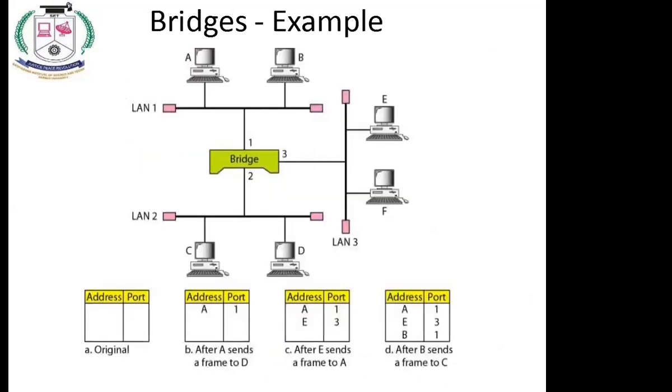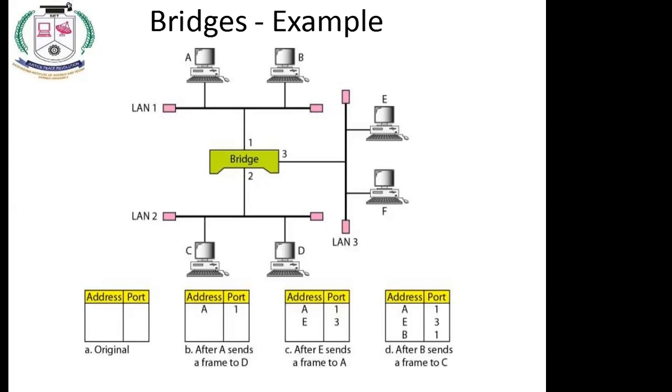But with the bridge also, this example, I think last class I told you about this example. In this example, we have 3 LANs connected together by using a bridge, and the way the bridge table is updated is shown here. Initially, the bridge table is empty, and from the frames that the bridge receives, it will update its table.